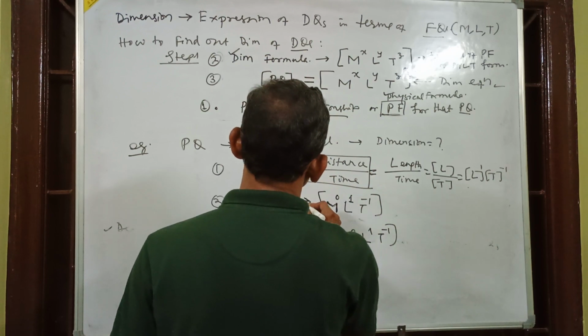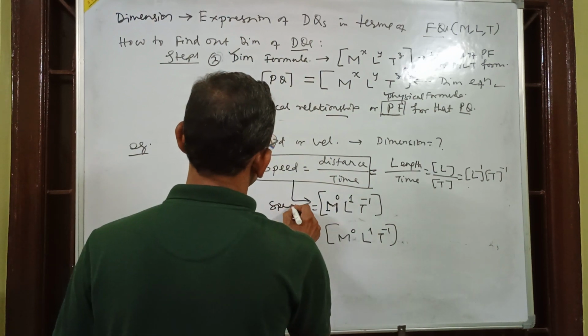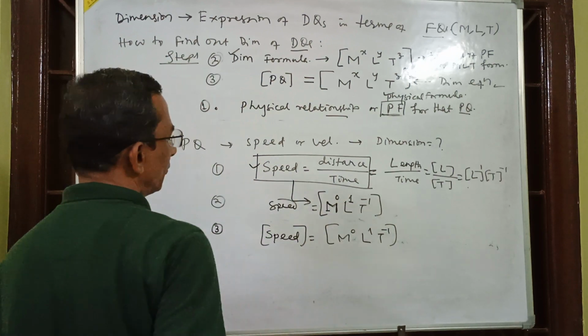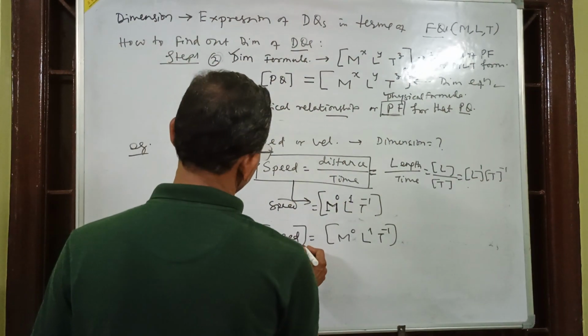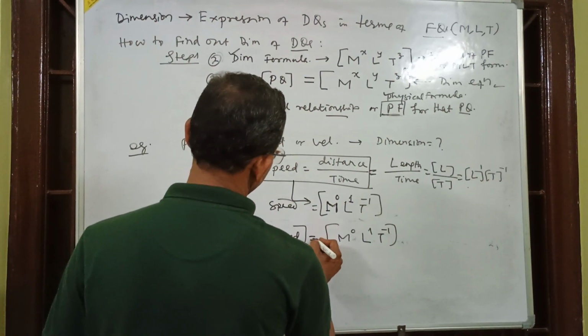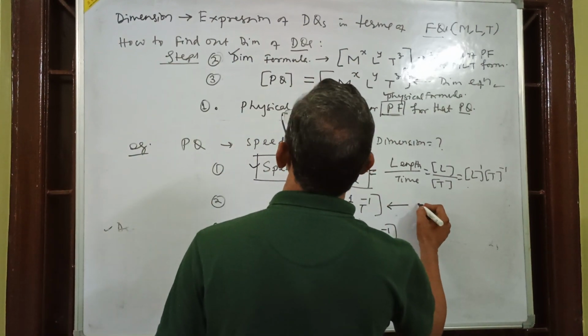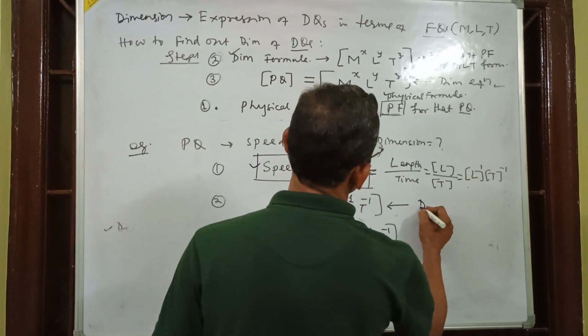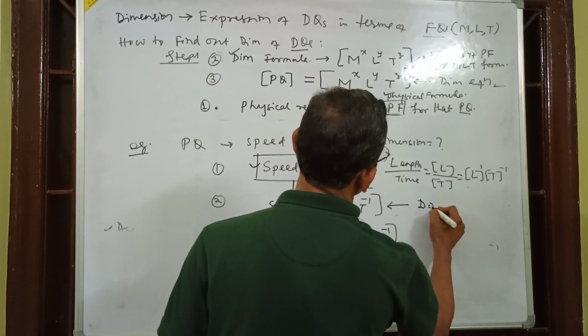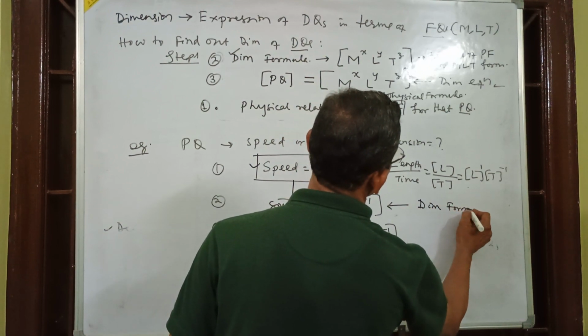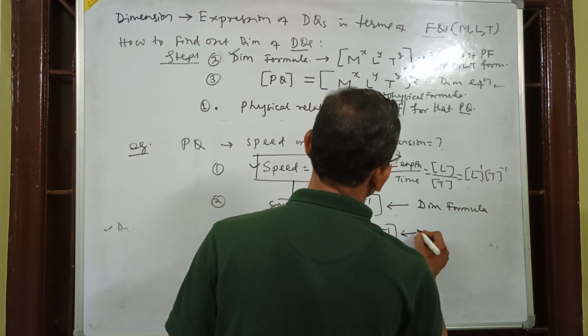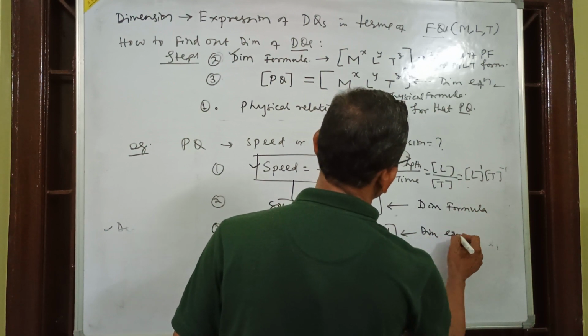Now we got speed is M0 L1 T minus 1. Then we equate this and get the dimensional formula, and this is our dimensional equation.